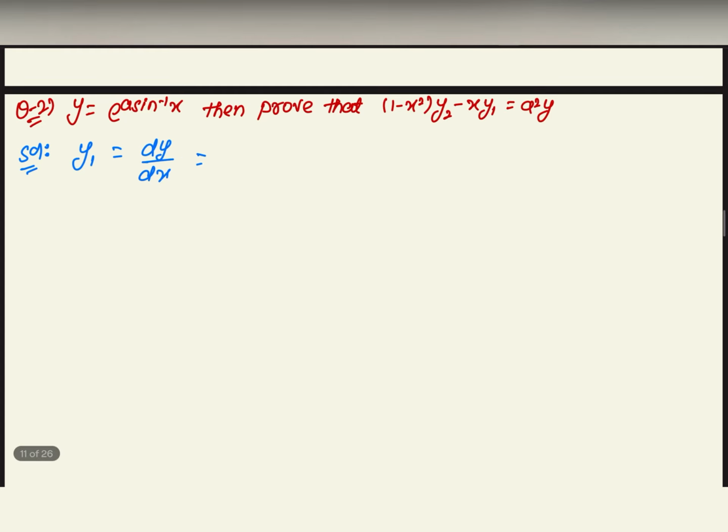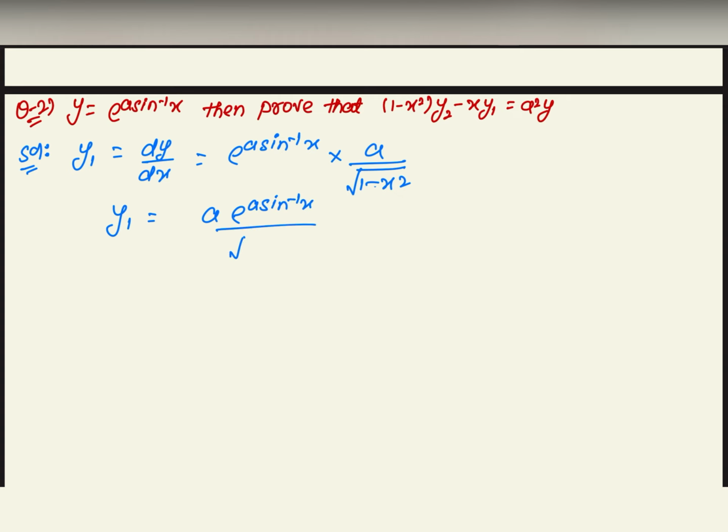that is e to the power a sin inverse x, and by chain rule a by sin inverse x, sin inverse का डिफरेंशिएशन होता है अंडर रूट 1 minus x square, that is y1 is equals to a e to the power a sin inverse x divided by under root 1 minus x square.